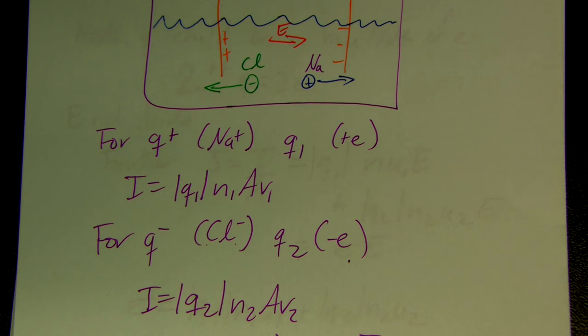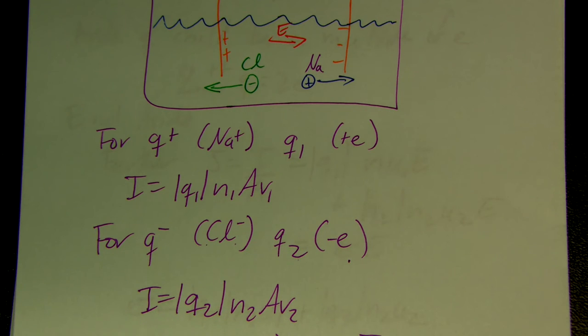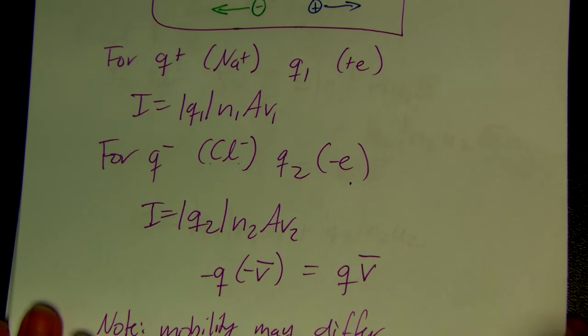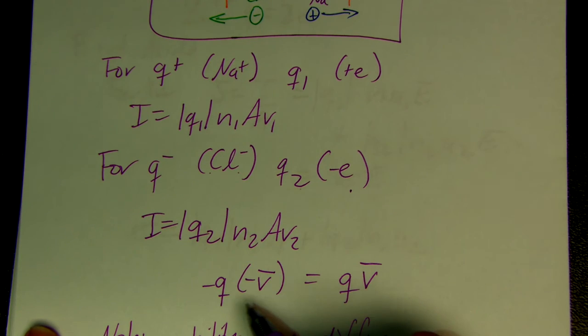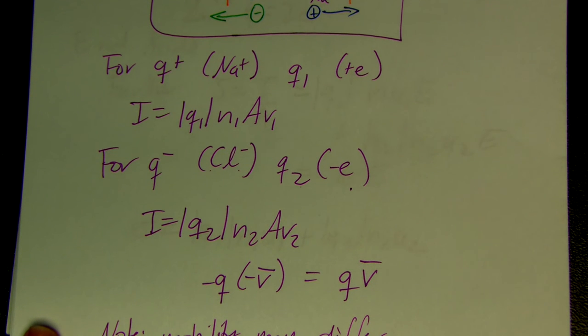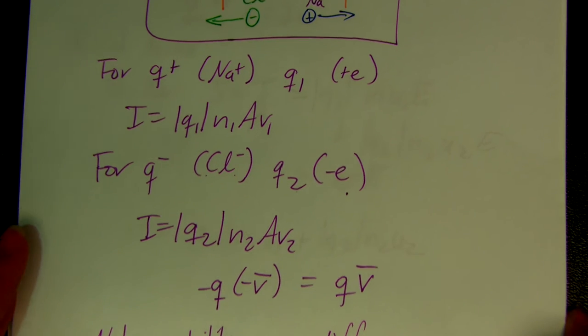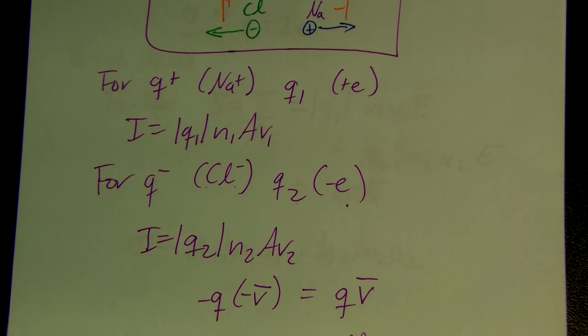Remember that because a negatively charged particle also goes the opposite direction, the value for conventional current is the same. So minus Q going in the minus V bar direction is the same as positive Q going in the positive V bar direction. This is why that convention didn't change even after we learned that it was actually the negative charges moving, because you can still do the same physics. Again, not my judgment call, but that's what happened.